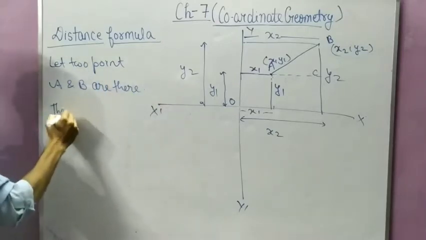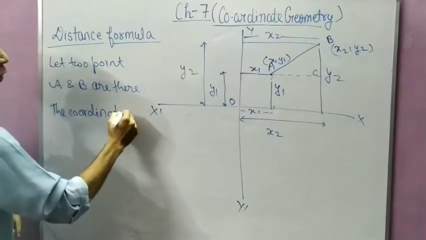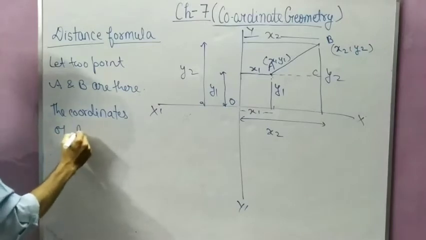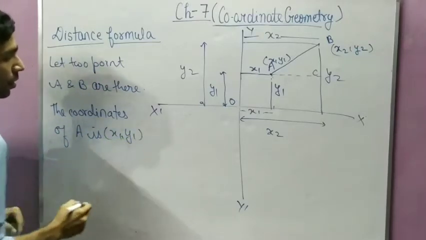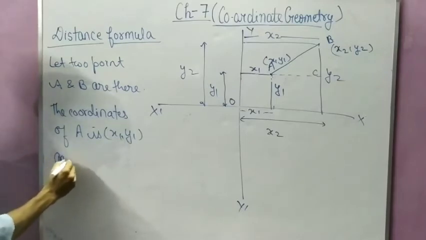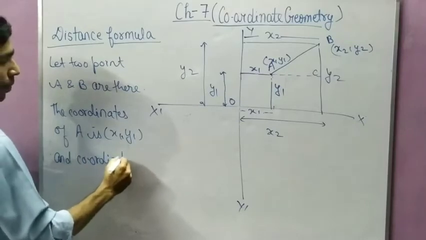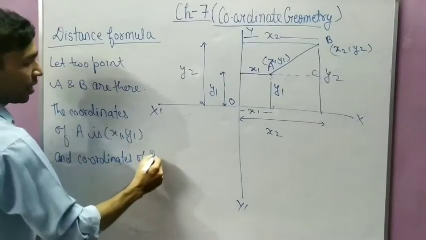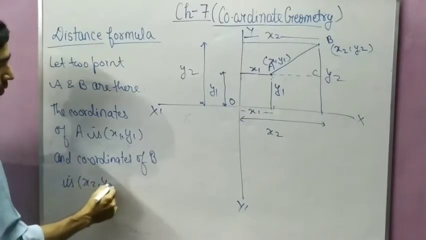The coordinates of A is x1 comma y1 and coordinates of B is x2 comma y2.